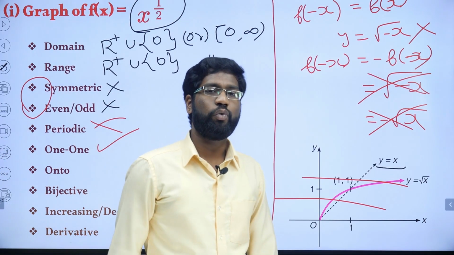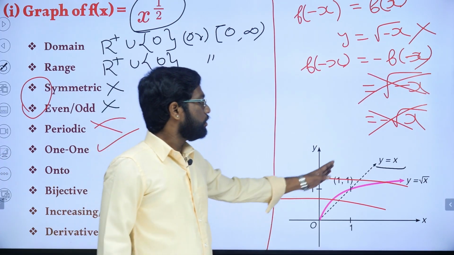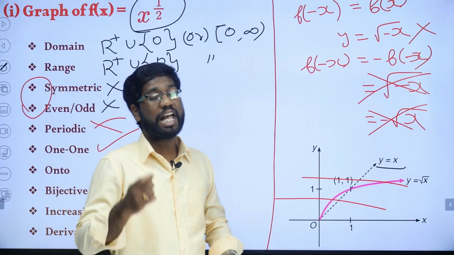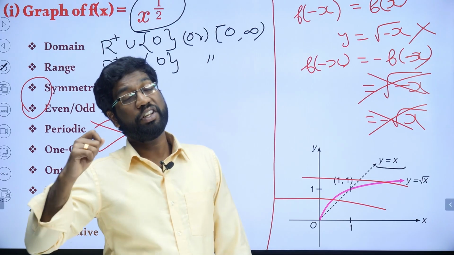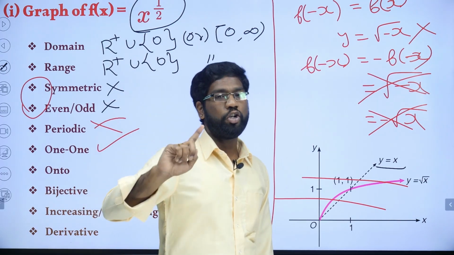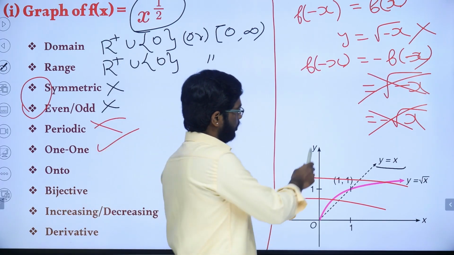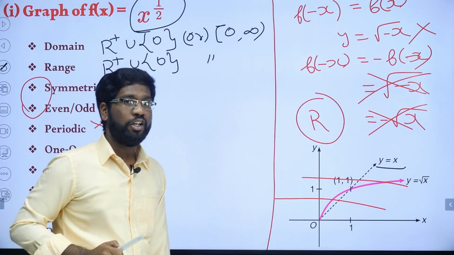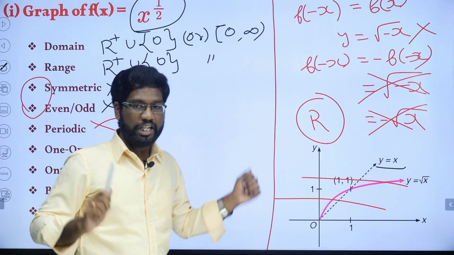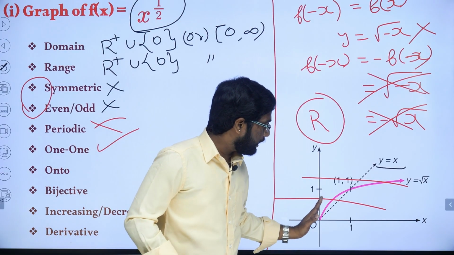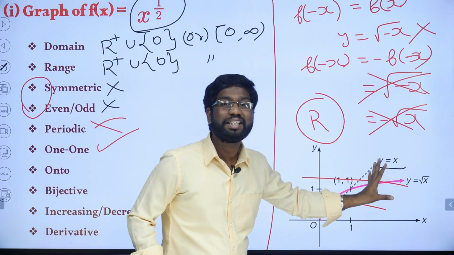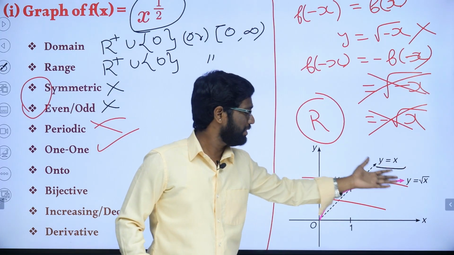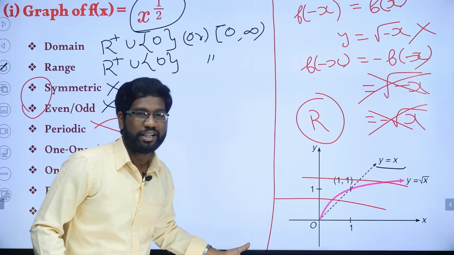So what is an onto function, and how can I find it through a graph? In an onto function, you have to be very careful with the codomain. If my codomain is R, then this is not an onto function. Why? Because here the graph is only in the first quadrant, not in the other quadrants.